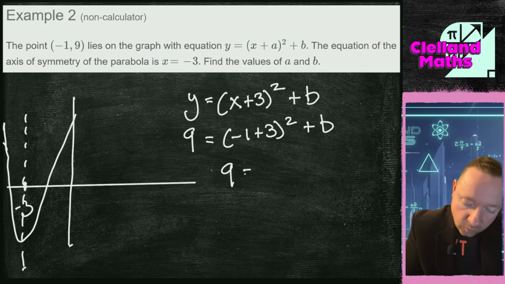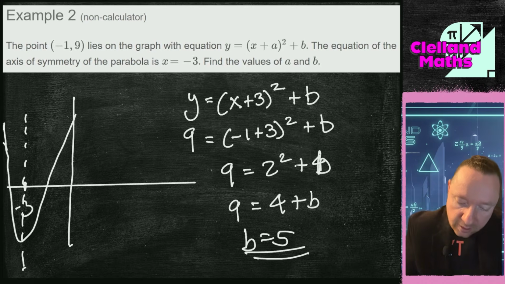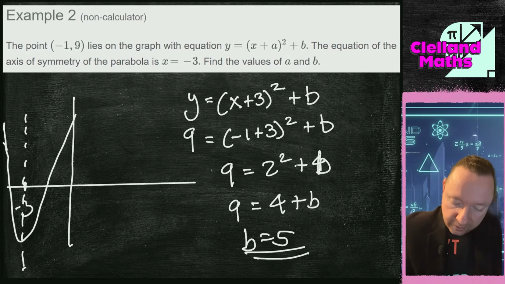So 9 equals 2 squared, which is 4, plus b, so b equals 5, and we're done there. A, just to be clear, is equal to 3.